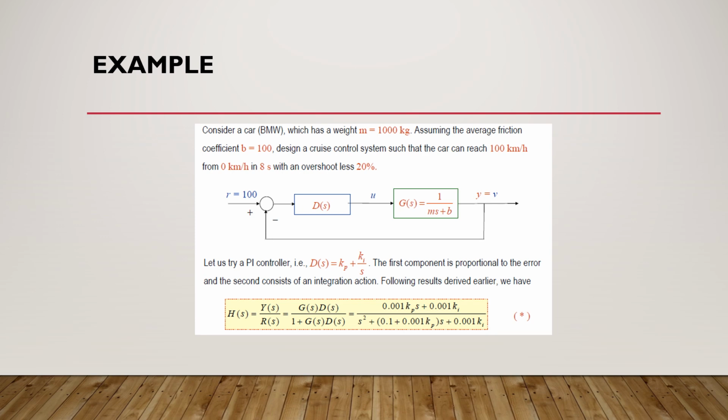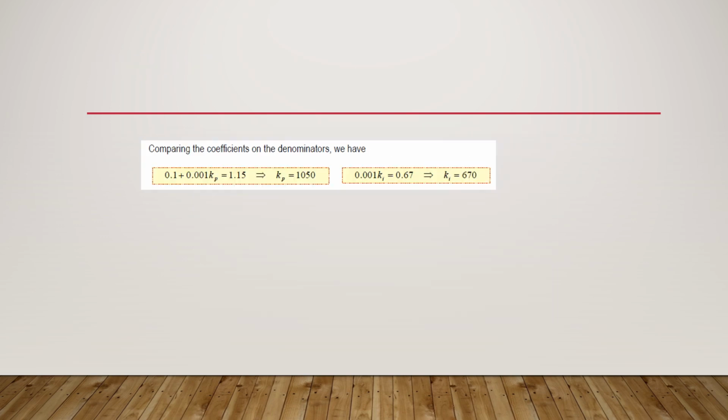This is second order. After solving the transfer function equation, we get the Kp and Ki values: Kp equals 1050 and Ki equals 670.